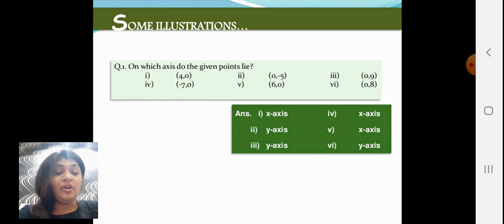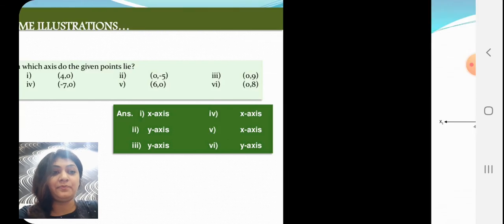That will lie on the y-axis. 0, 9 again y-axis. Minus 7 and 0 x-axis because the abscissa is given and ordinate is 0. 6, 0 that is again on the x-axis. 0, 8 so that will lie on the y-axis. I will show you how to represent these coordinates in the graph book in the next video.